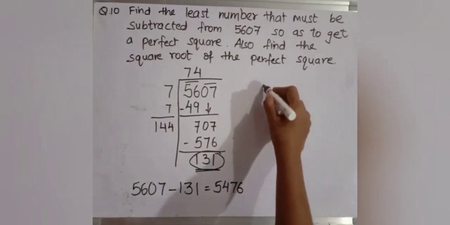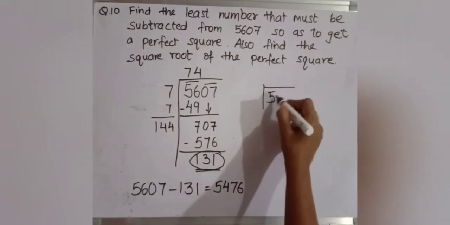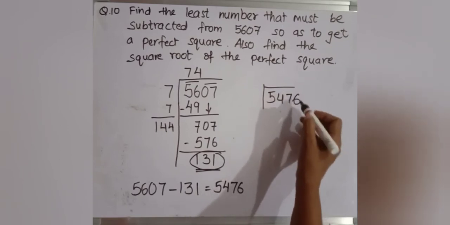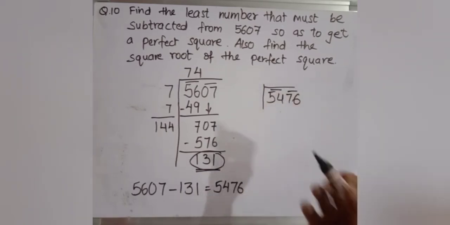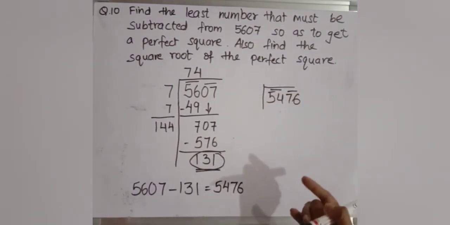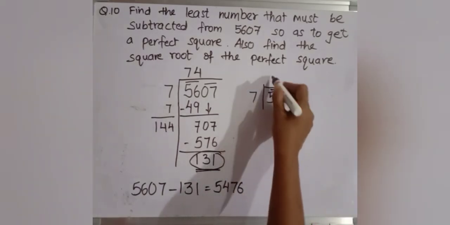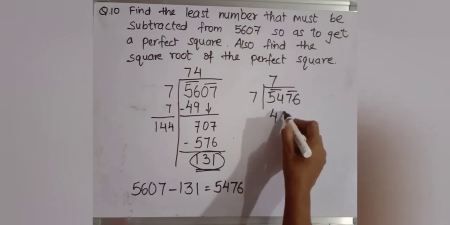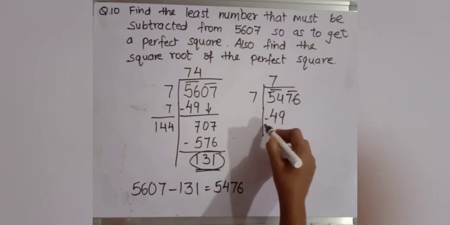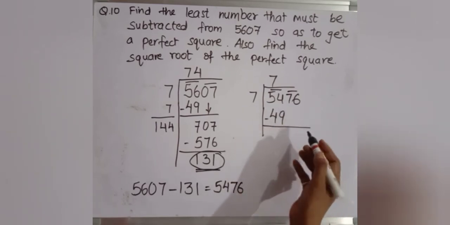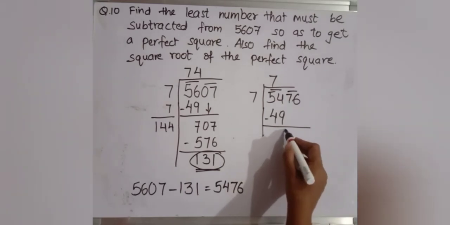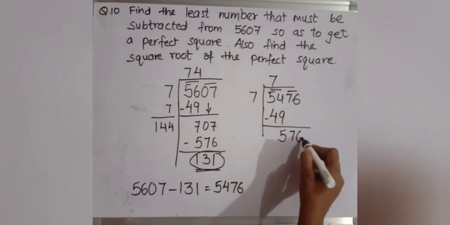Again, going with the division method, 5476, making the pairs of the number, taking the square number which is less than 54, which is 7, since 7 sevens are 49. Subtracting 49 from 54, we will have 576.